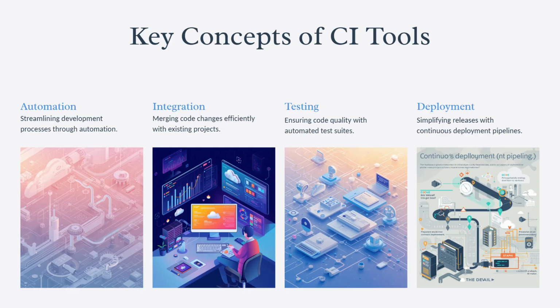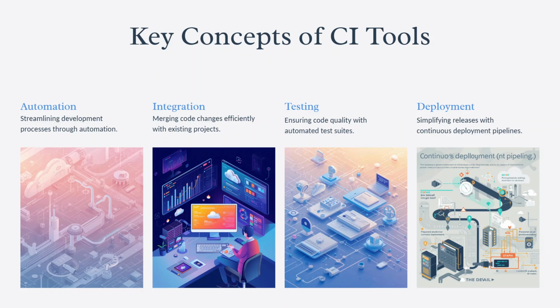CircleCI, known for its speed and easy integration with Docker and Kubernetes for scalable cloud builds. These tools ensure that every change, whether code or model, is validated automatically before deployment.